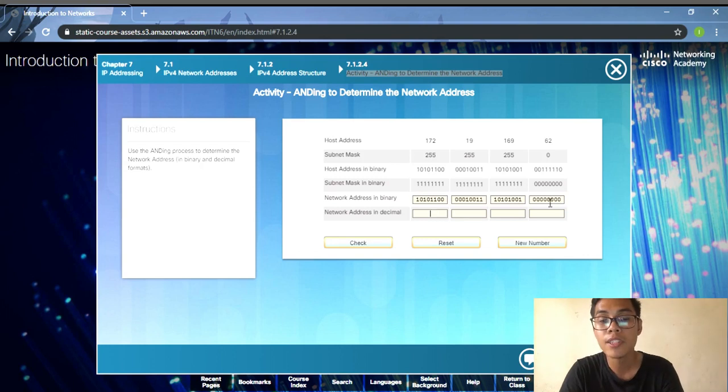And the network address in decimal. We're just going to convert the network address that we have gotten. I'm just going to convert it to decimal. Because it's 10101100, we just add 128 plus 32 plus 8 plus 4.